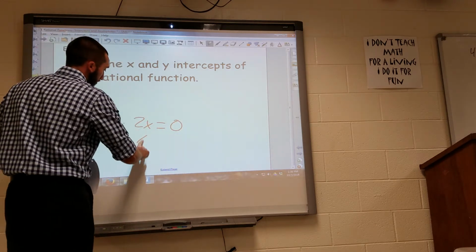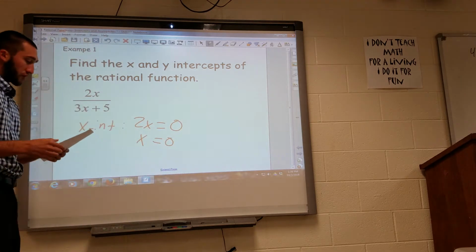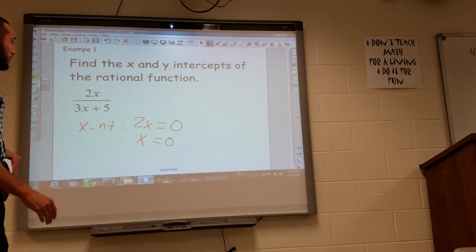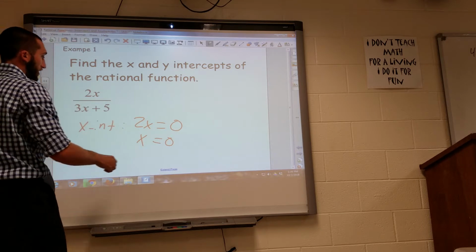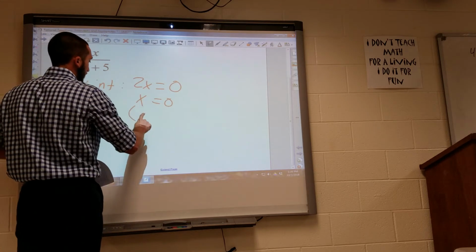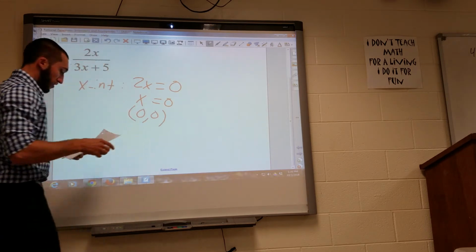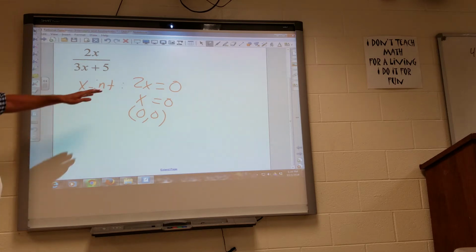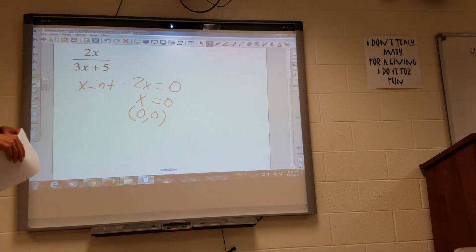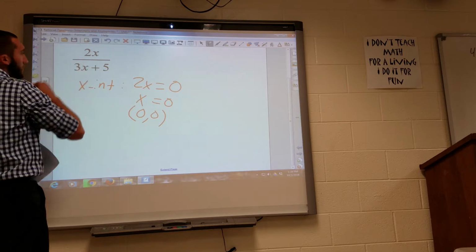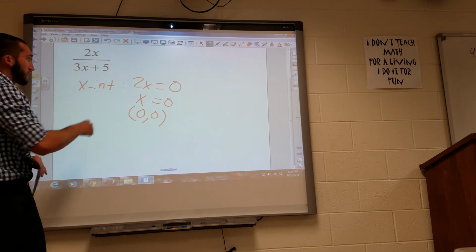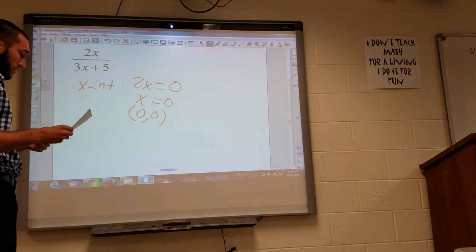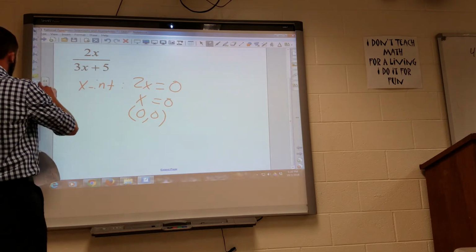If you divide both sides by 2, x equals 0. Since x equals 0 is our only x-intercept, our x-intercept is the point (0, 0). So set the numerator equal to 0, solve, cool. Next one, to find the y-intercept.